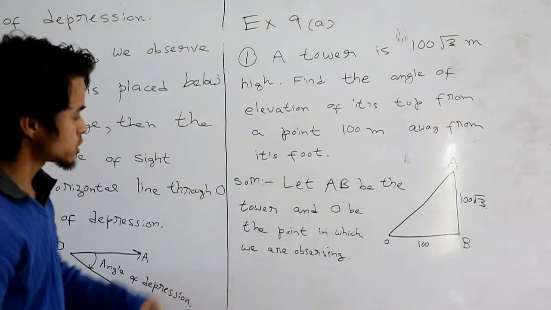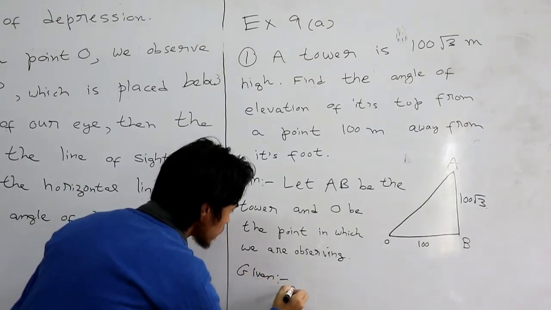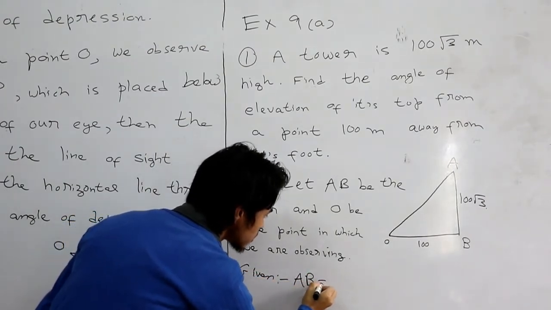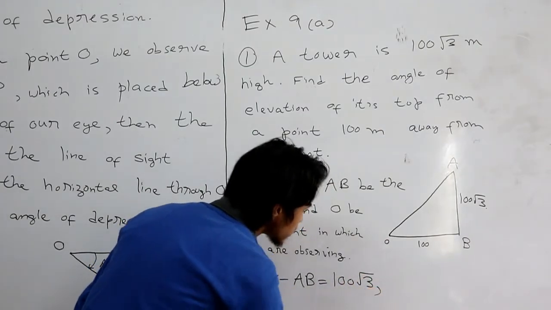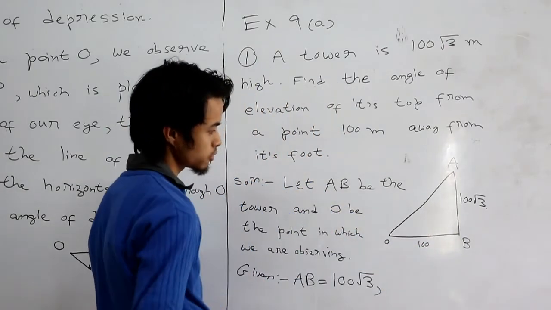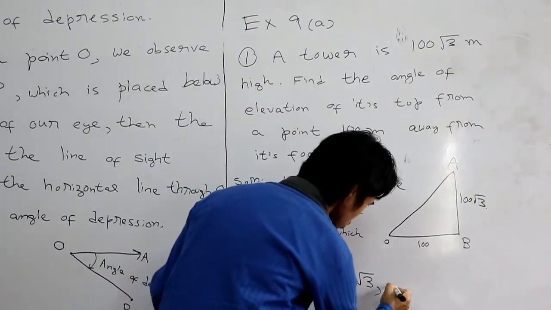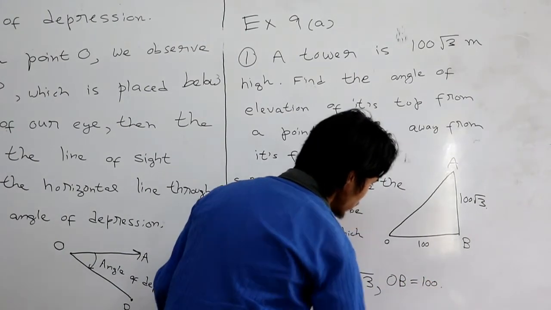So according to the question, we already have the height of the tower, which is AB, 100√3, and we have the distance of the foot of the tower from this point which we are observing, it is 100 meters. So it will be OB is equal to 100.